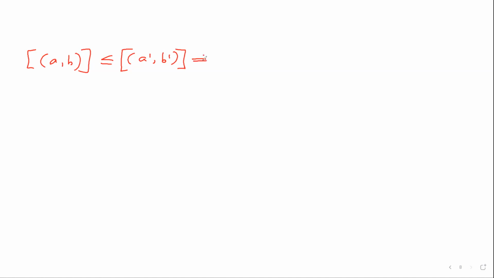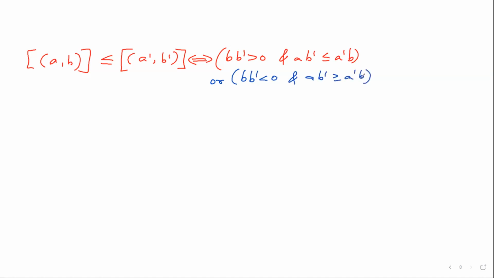If and only if b prime is greater than 0 and a b prime is less than or equal to a prime b, or b prime is less than 0 and a b prime is greater than or equal to a prime b.